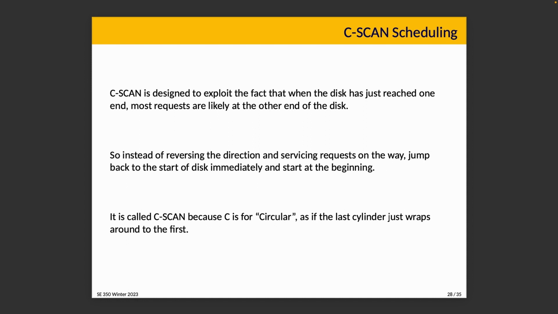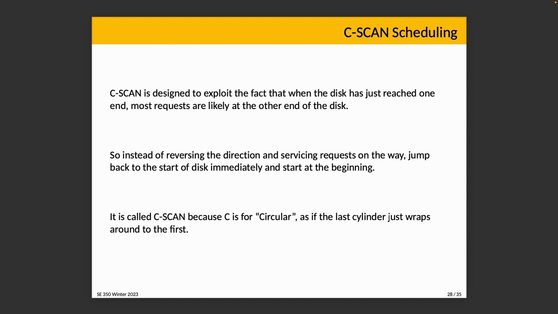And that's the idea behind the C-SCAN algorithm. So instead of reversing the direction and then servicing requests on the way, we jump back to the beginning of the disk, and we are always then going in the ascending direction. Okay, it's called C-SCAN because C is for circular.